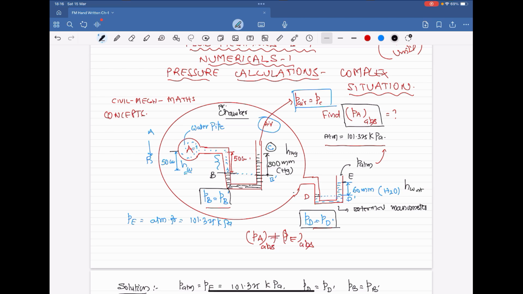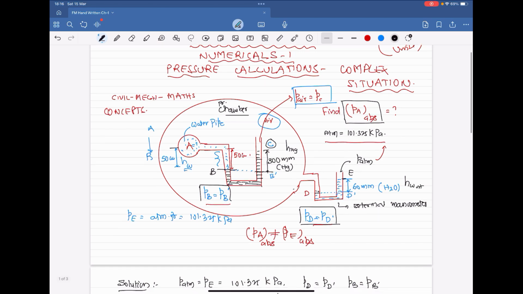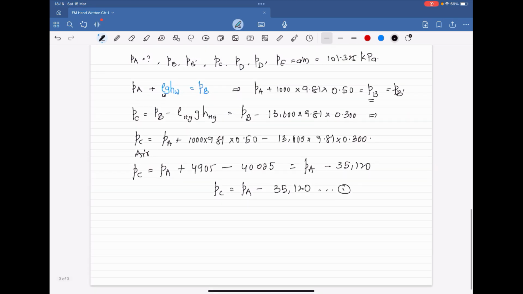And PD value is the same as PC value because the media is the same. There is no change in the media.